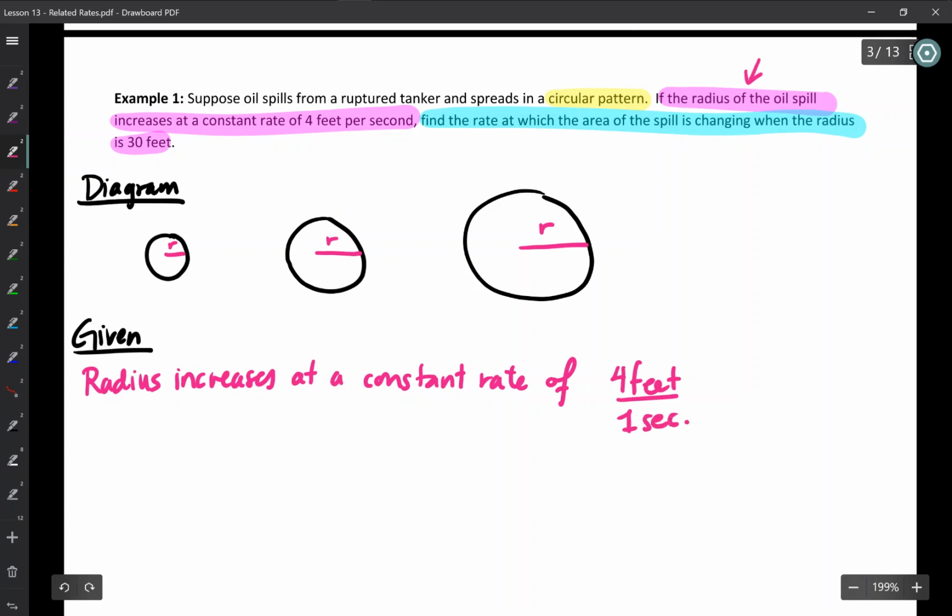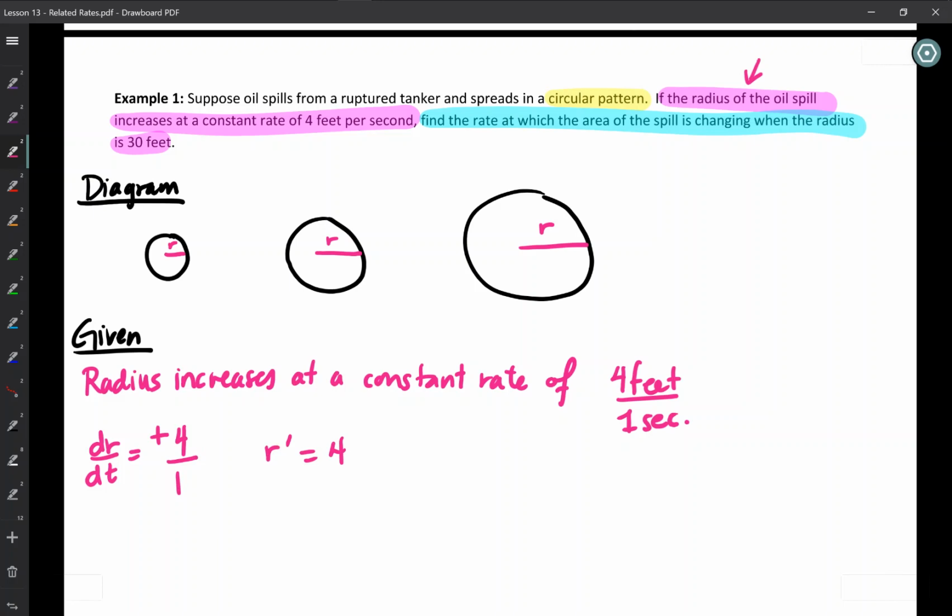So if I let r be my radius, what they've given me is dr dt, or r prime if you prefer. Because it's increasing, it's positive 4 feet every 1 second. You can write r prime is 4 if you prefer.